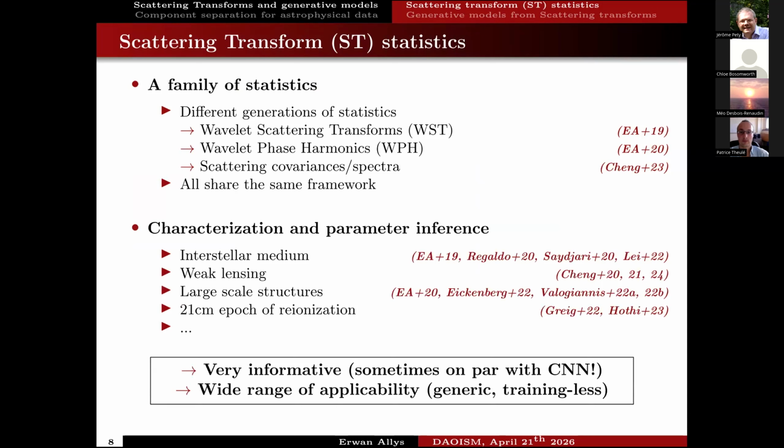And they have been used for a lot of characterization and parameter inference. I won't enter into the details. They have been shown to be very informative for a lot of different applications, sometimes on par with convolutional neural networks.